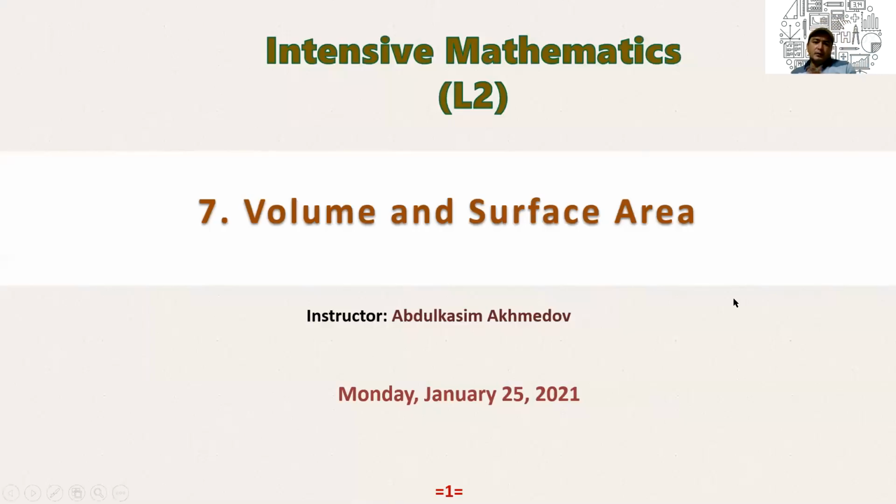Okay. All right. Musa, this volume and surface area, as I told you, in engineering, for example, these are really important, not so difficult, but important things. Important means that we are using these concepts in our everyday life situations, right?